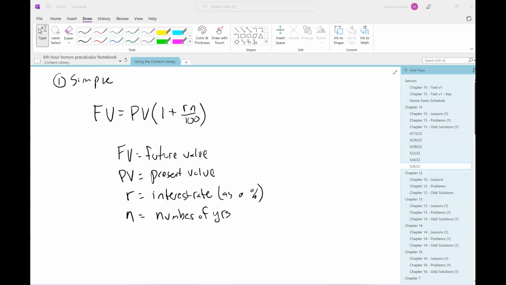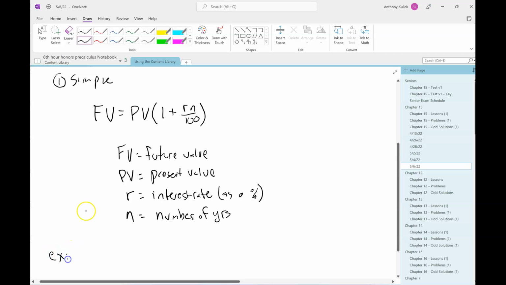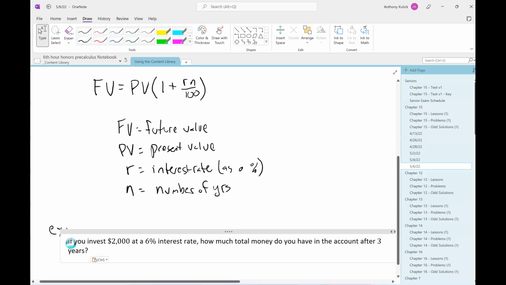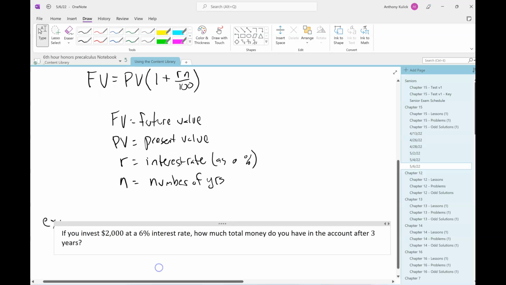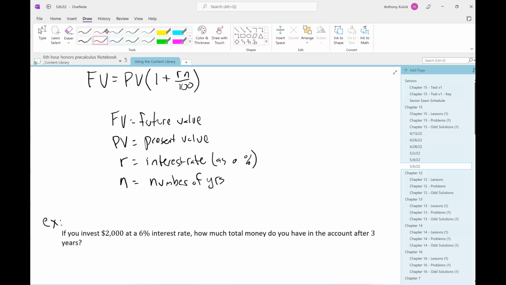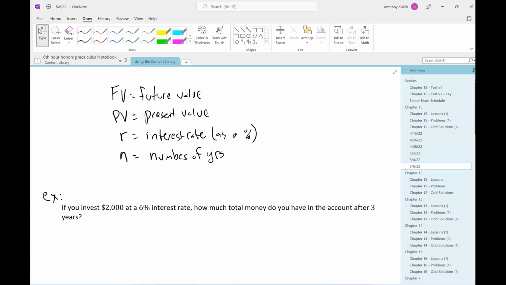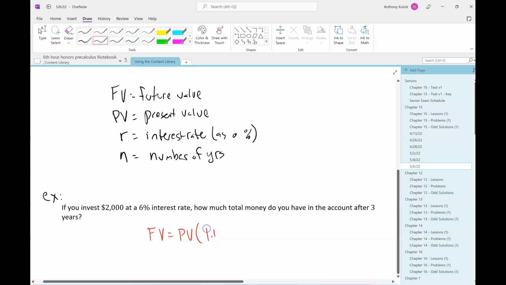So let's take a peek at a quick example. If you invest $2,000 at a 6% interest rate, how much money do you have in the account after 3 years? So there's my simple interest formula.